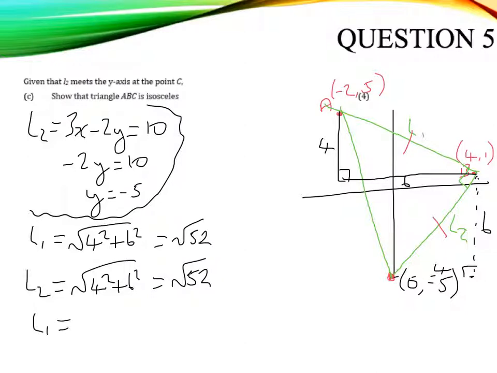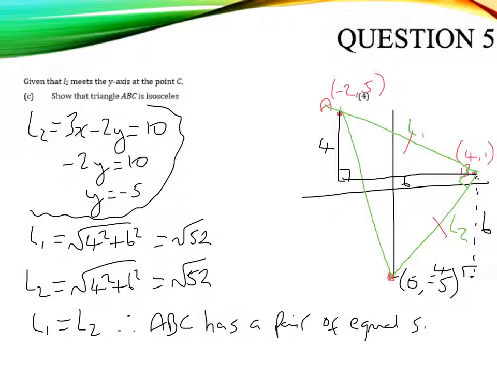L1 equals L2, therefore ABC has a pair of equal sides, therefore ABC is isosceles. Fantastic.